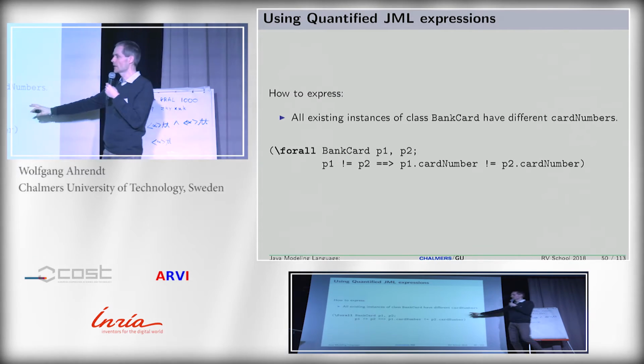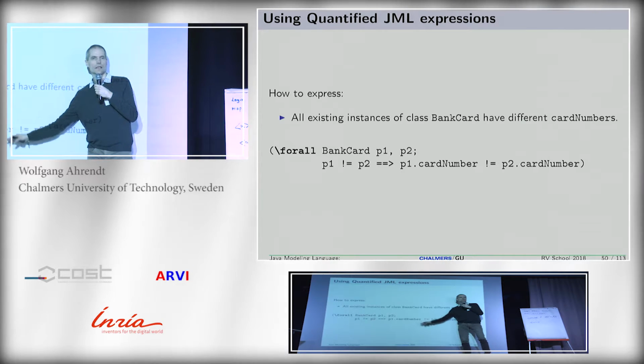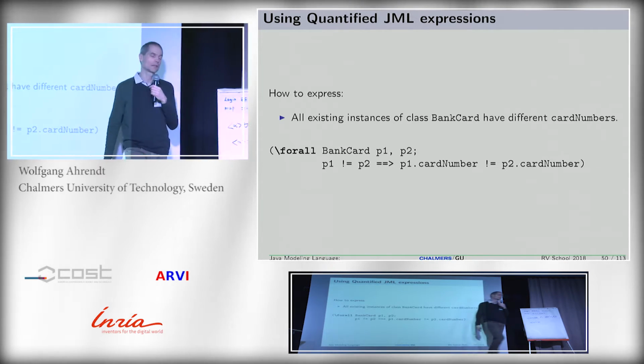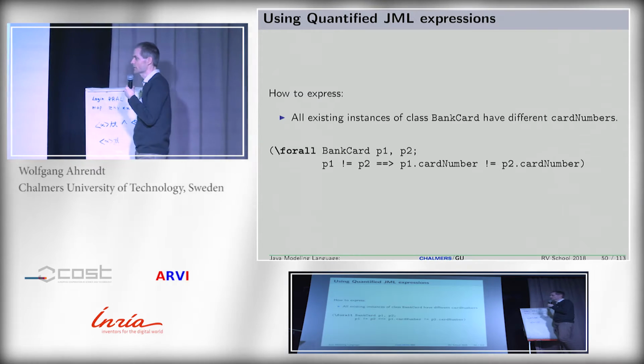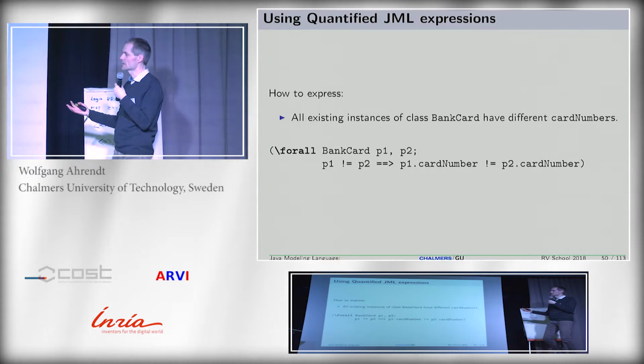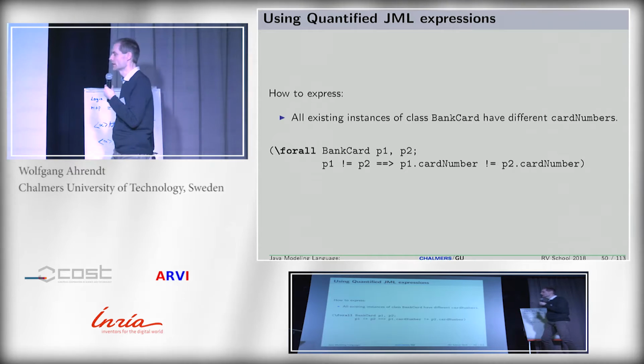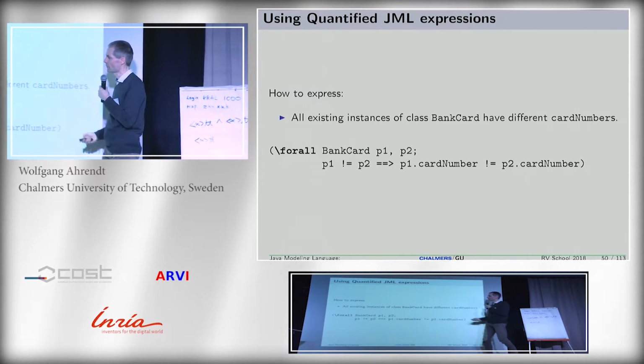This is the kind of thing which is very difficult, if not impossible, to runtime check. Technically you can do it, but you would have to have very good access to your heap and trace all the objects of a certain type in your heap and so on.